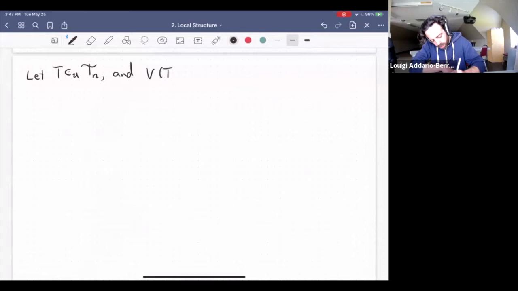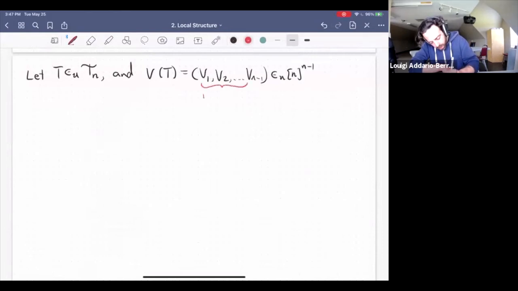The bijection, remember, gave us a sequence v1 up to vn minus 1, which was uniformly random in n to the n minus 1. That's equivalent to saying that these are independent and uniform on 1 up to n.